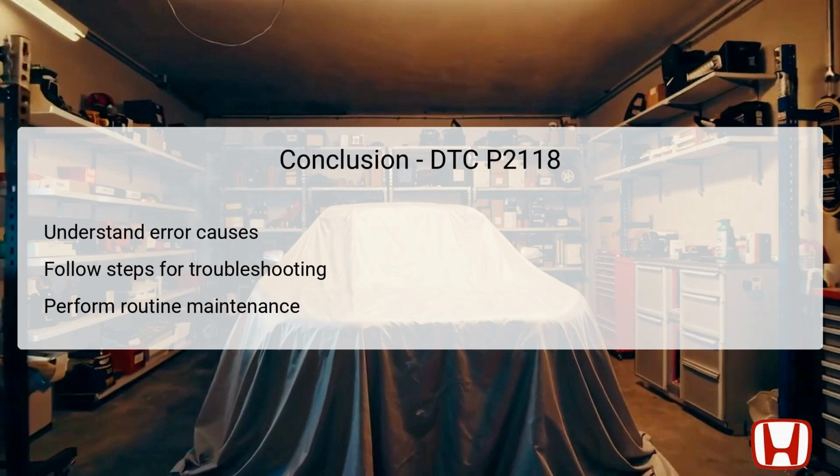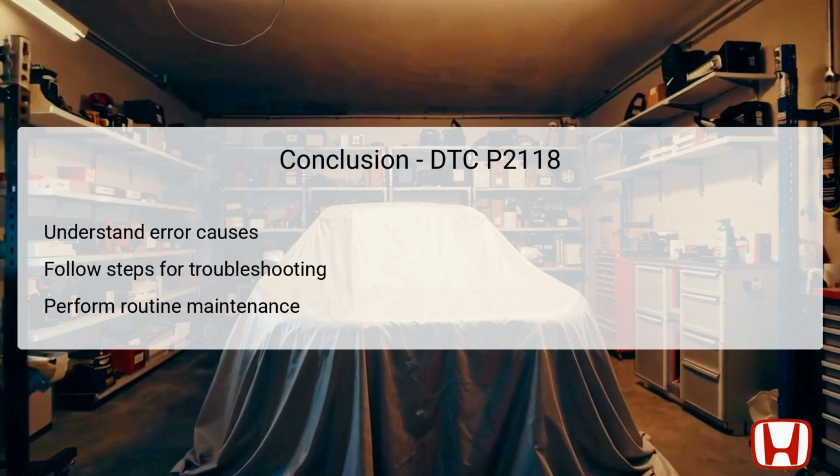In summary, addressing DTC P2118 requires an understanding of the throttle actuator's crucial role in managing engine power through accurate airflow control. By following the outlined troubleshooting procedures, you can pinpoint issues ranging from open wires to possible PCM faults.